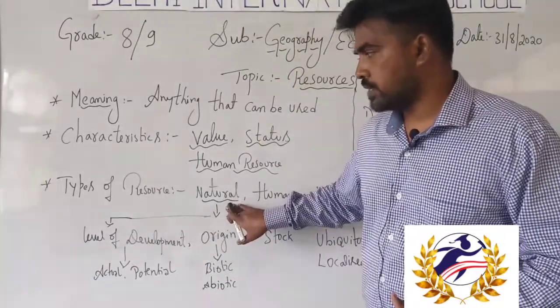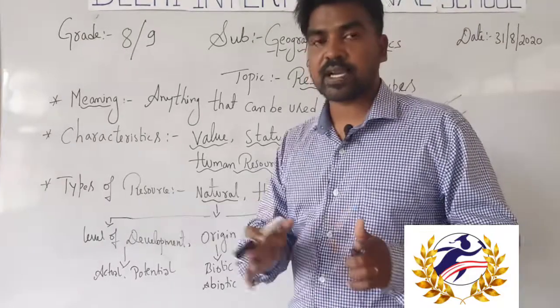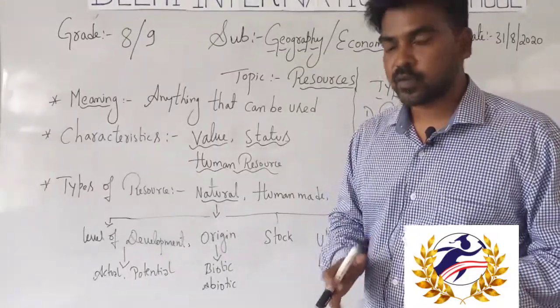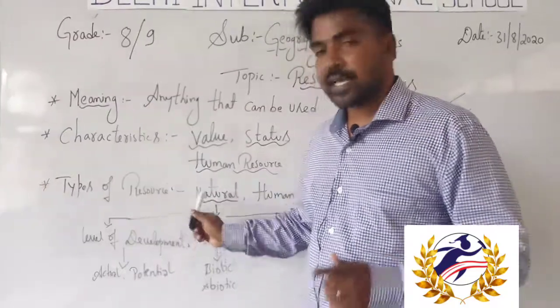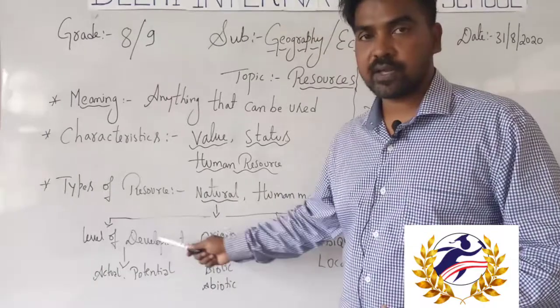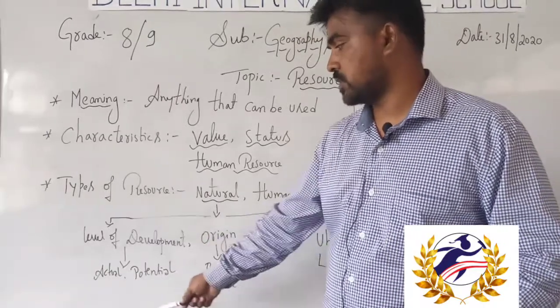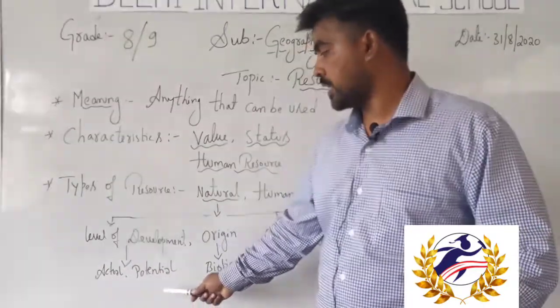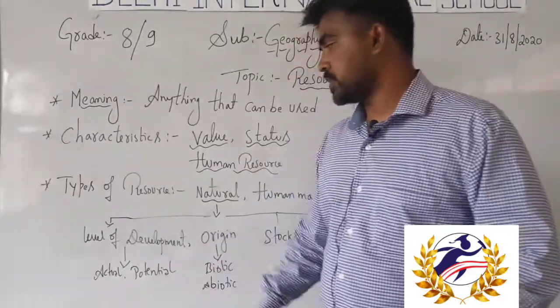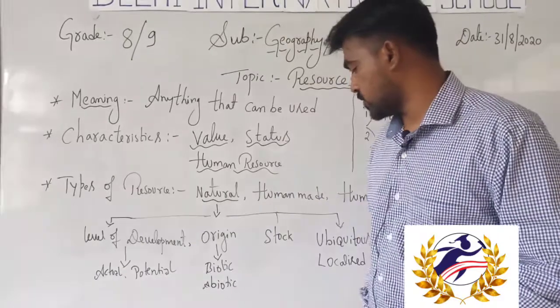Once again, these natural resources are classified on the level of development, that is, actual resources and potential resources. So what is the meaning of actual and potential?